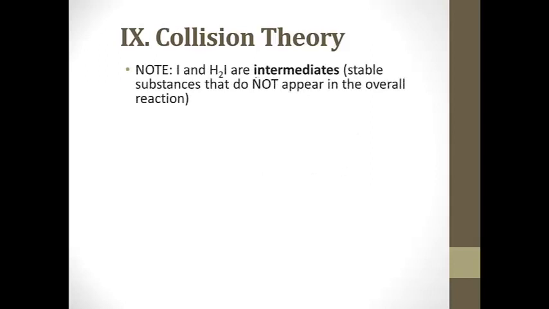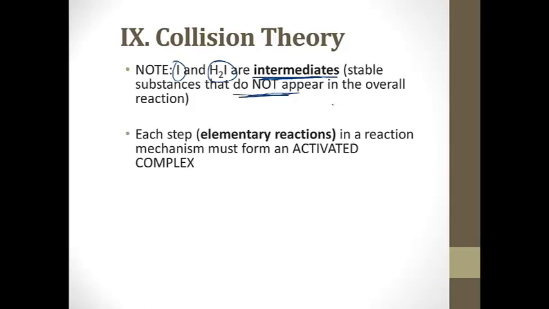Now these things are called intermediates, the things that we crossed out, the iodine atom and this H2I molecule. These are stable substances, but they do not appear in the overall reaction. Each one of those steps that we looked at is known as an elementary reaction.